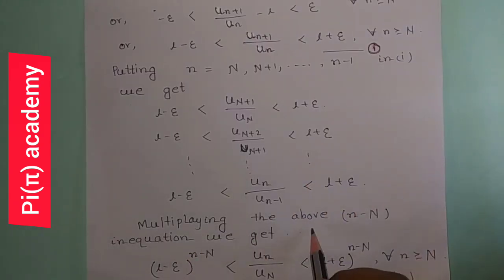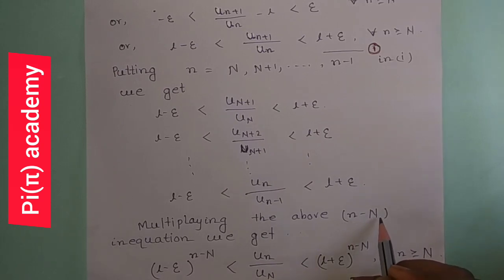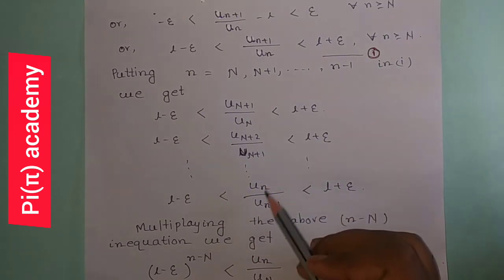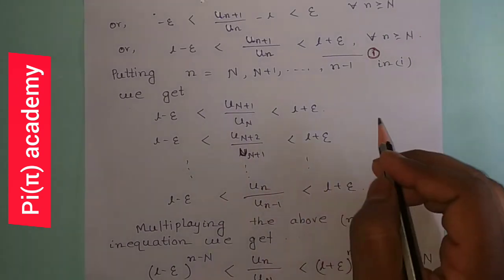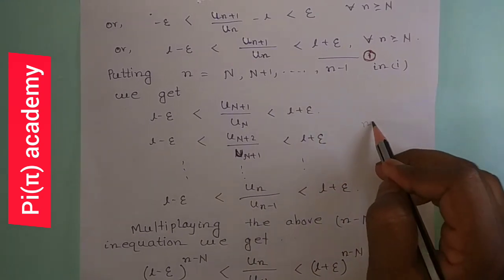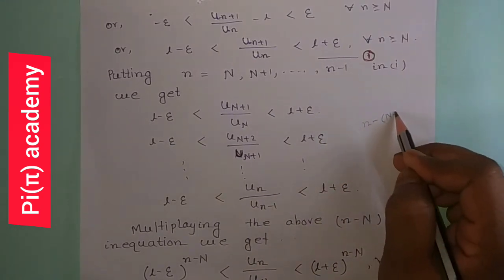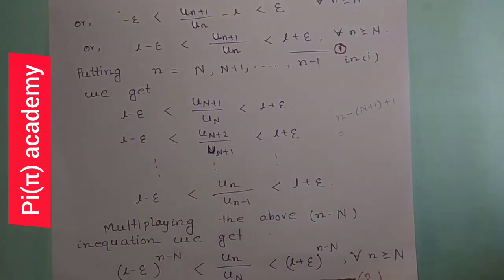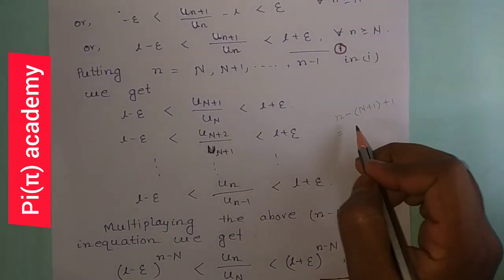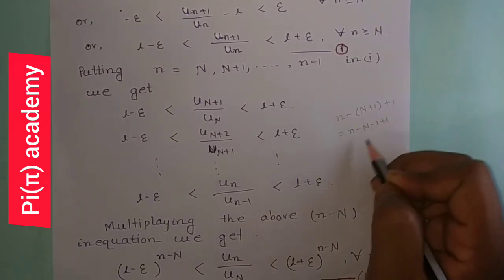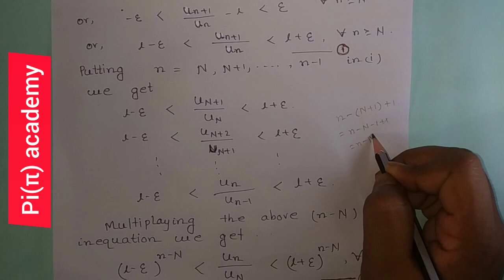Now multiplying the above, the number of inequations is n minus capital N, because here N to n minus 1 gives n minus 1 minus capital N plus 1, which is n minus capital N.